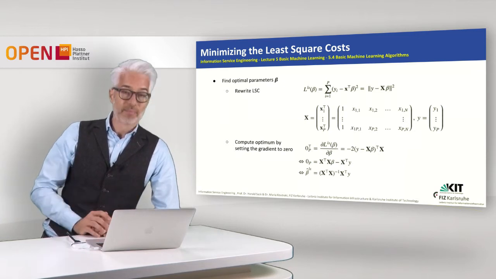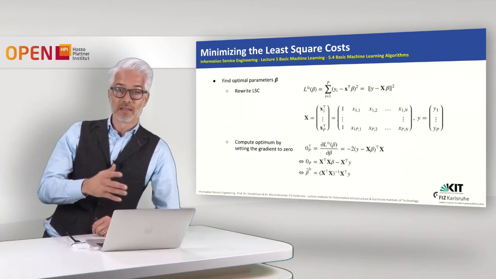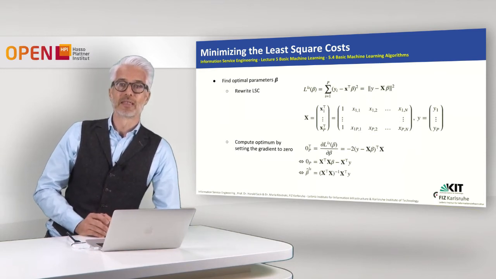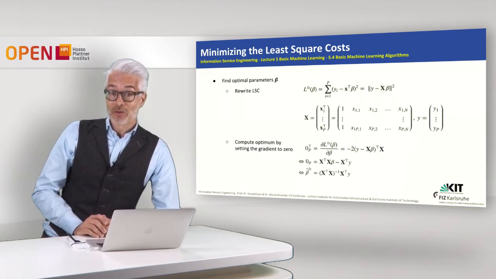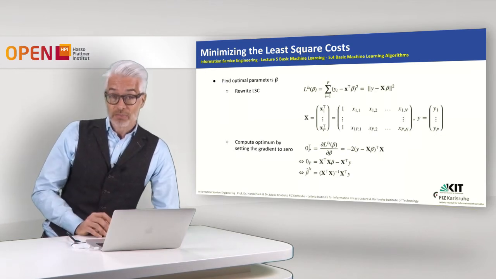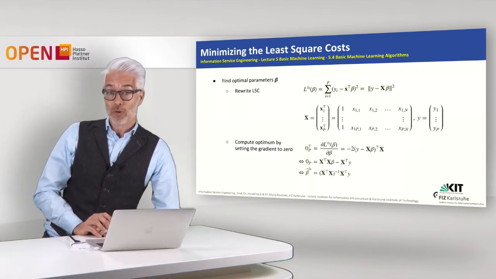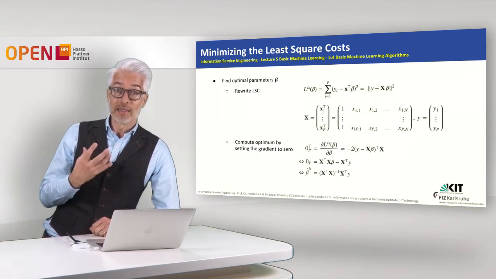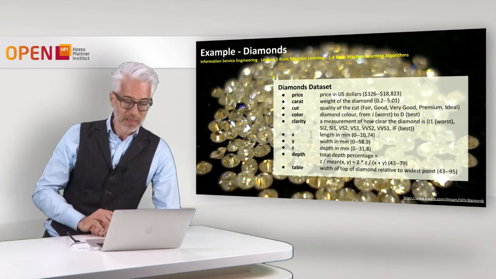So the best beta you find here is the inverse of the inner product x transposed times x, times x transposed times y. Okay, you don't have to go deeper into that. This is only to show you that there is a simple optimization process going on for trying to learn that kind of line or hyperplane that is used as a linear model for our prediction task. So that's the mathematics behind.